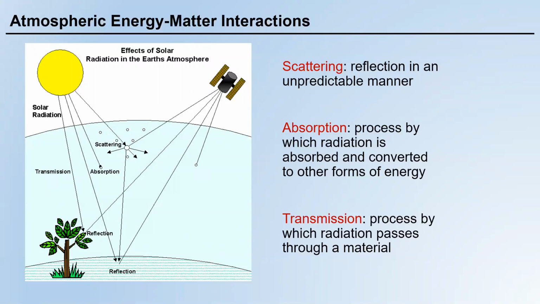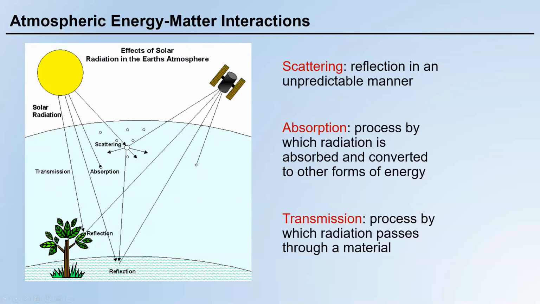Due to this very complex interaction process between EMR and the atmosphere, part of the EMR will stay in the atmosphere because it can absorb EMR. Part of it will be scattered, which means the direction of the EMR will change, which means some of the EMR will not arrive at the ground of the Earth.